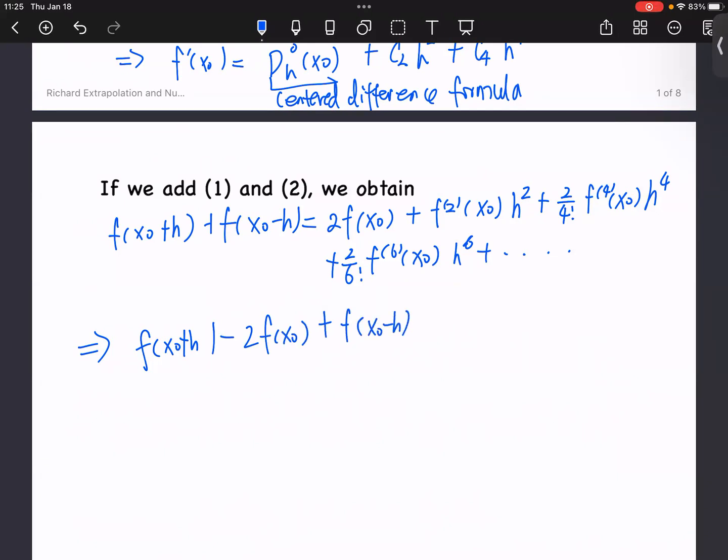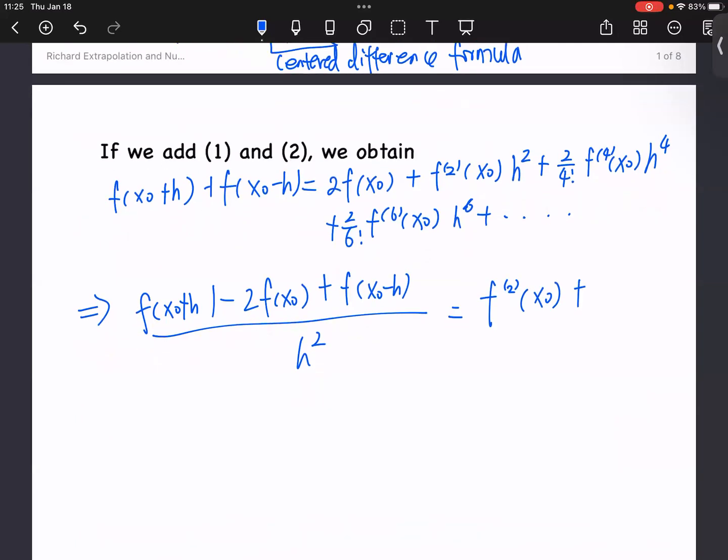And I divide both sides by h squared, so I get h squared here. And on the right-hand side, I have f''(x0), and then plus, since I'm dividing both sides by h squared, this is just the 2/4 factorial term.